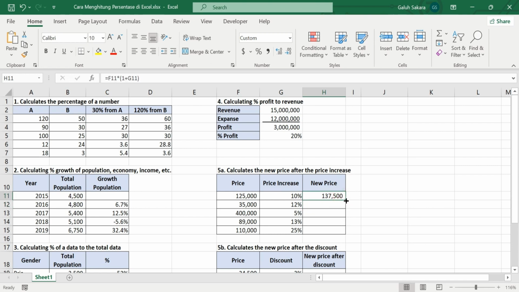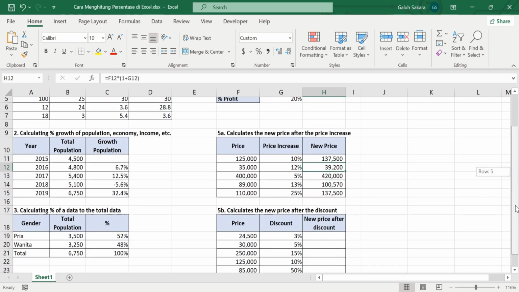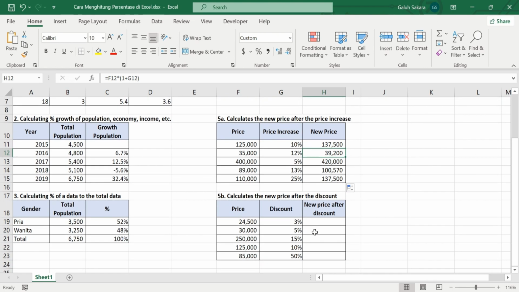It's 137,500. Okay, that's the result. And just drag down to get the other results without typing manually.